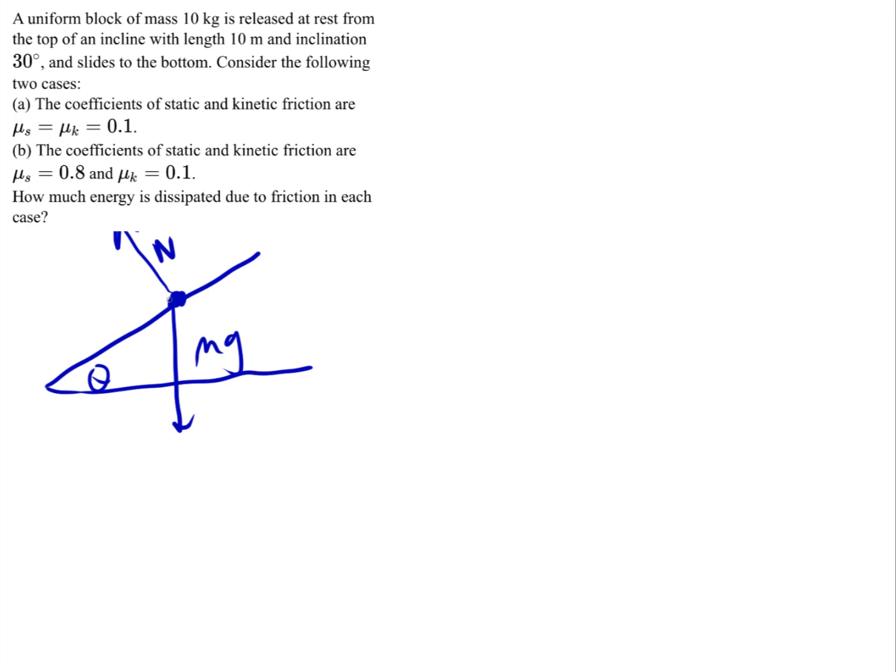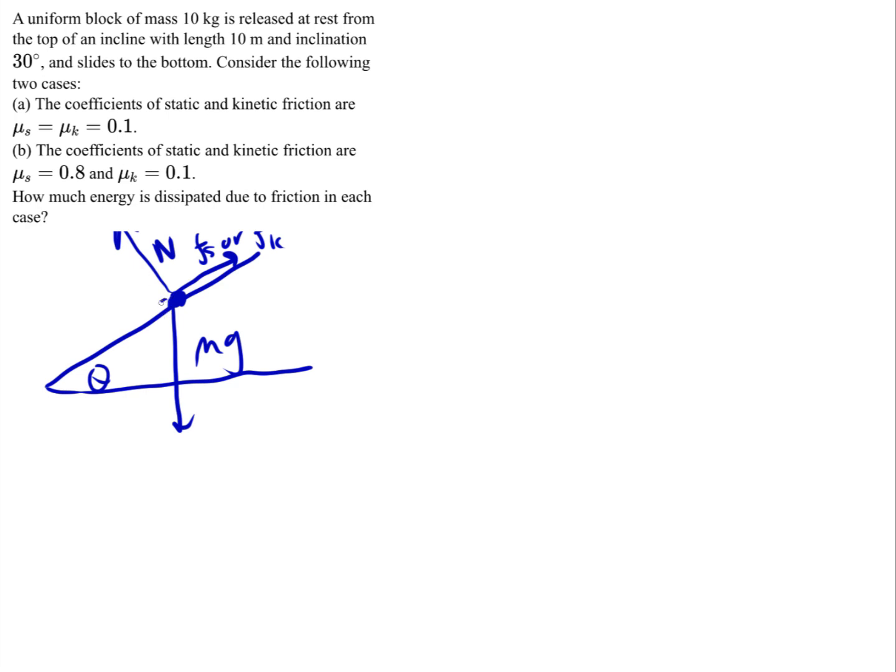Over here, and pulling it up, we have the force of static friction or the force of kinetic friction, and this depends on whether the block is moving or not, if the block is actually sliding down or not.